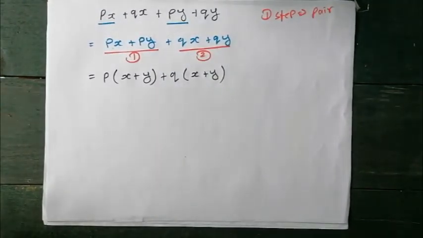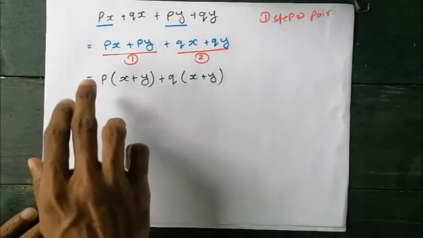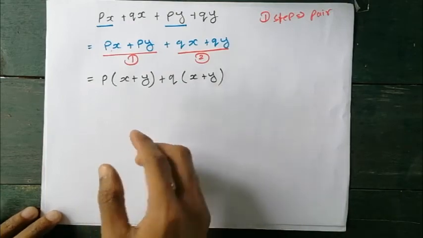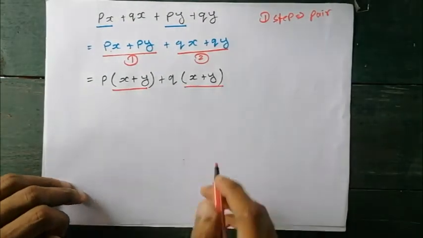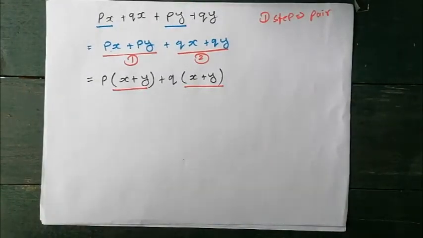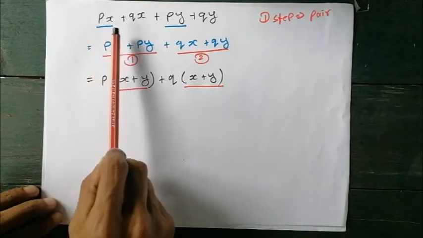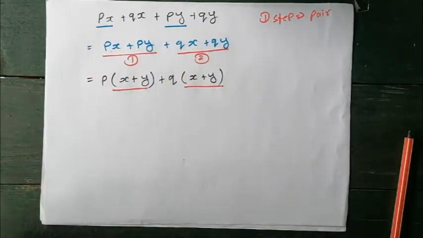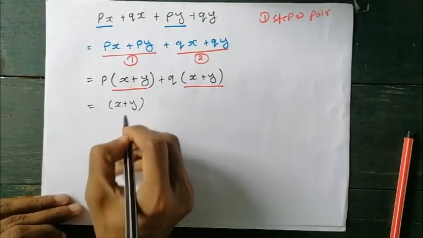Okay. So it's not just finished, because if you take the common term from the pairs, you will be left with a common algebraic expression. Remember that is special for an algebraic expression with 4 terms. So now we have a common expression x plus y.